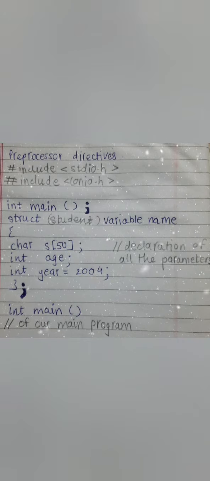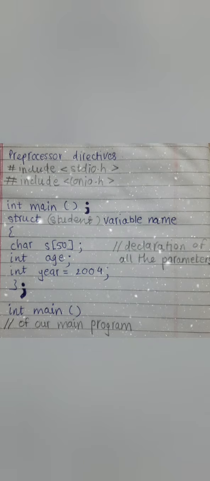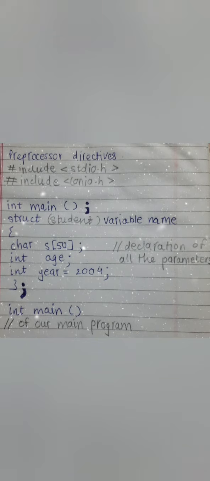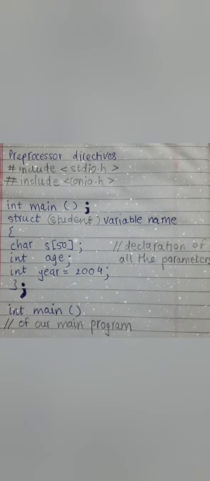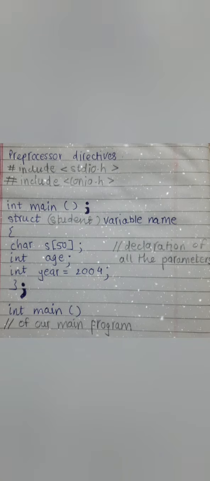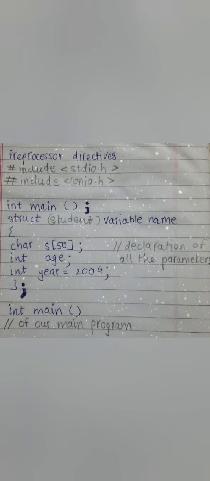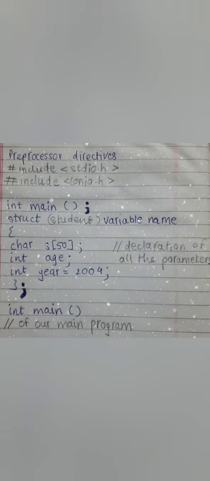And here I have assigned the value to it as 2004. This is actually wrong. Compiler will show an error in this case. This is only being written over here so that you all can understand the difference of how to declare the parameters. All these things will be ended with a semicolon, and then we will make use of closing curly braces, and here again we will give a semicolon sign.